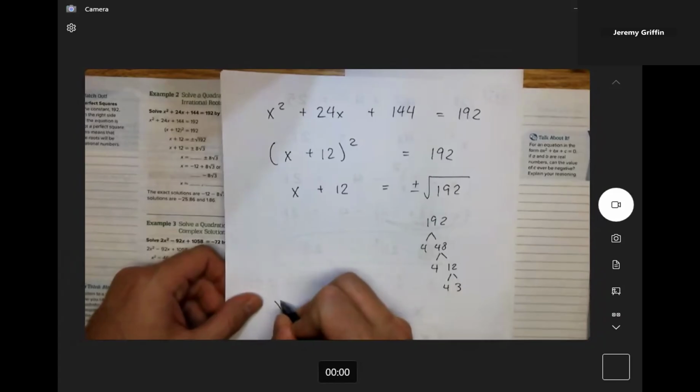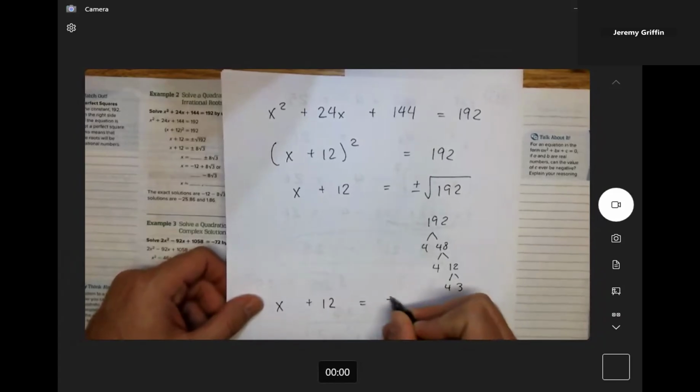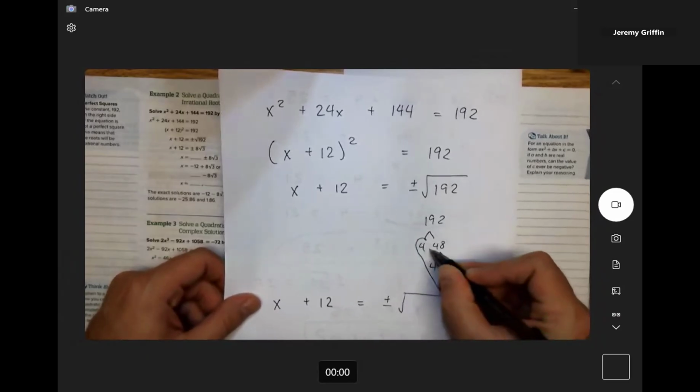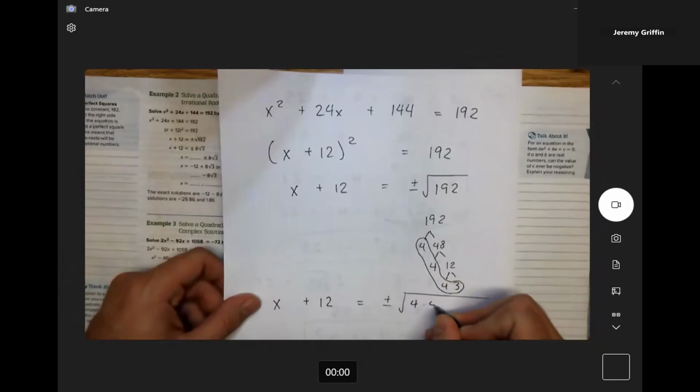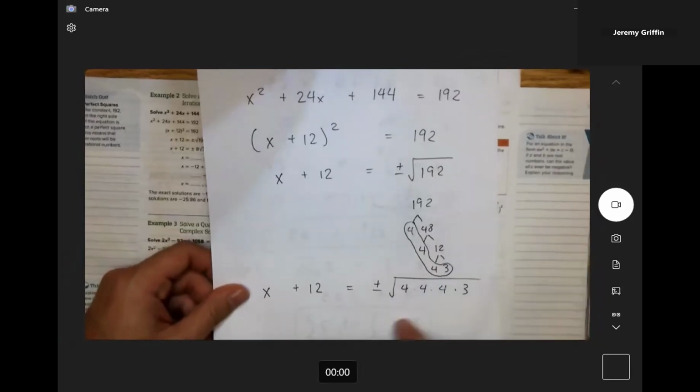Because, watch this, x plus 12 equals plus or minus the root of, it's really all these multiplied. It's 4 times 4 times 4 times 3 underneath the radical. That is what 192 is. Well, the square root of 4 is 2.